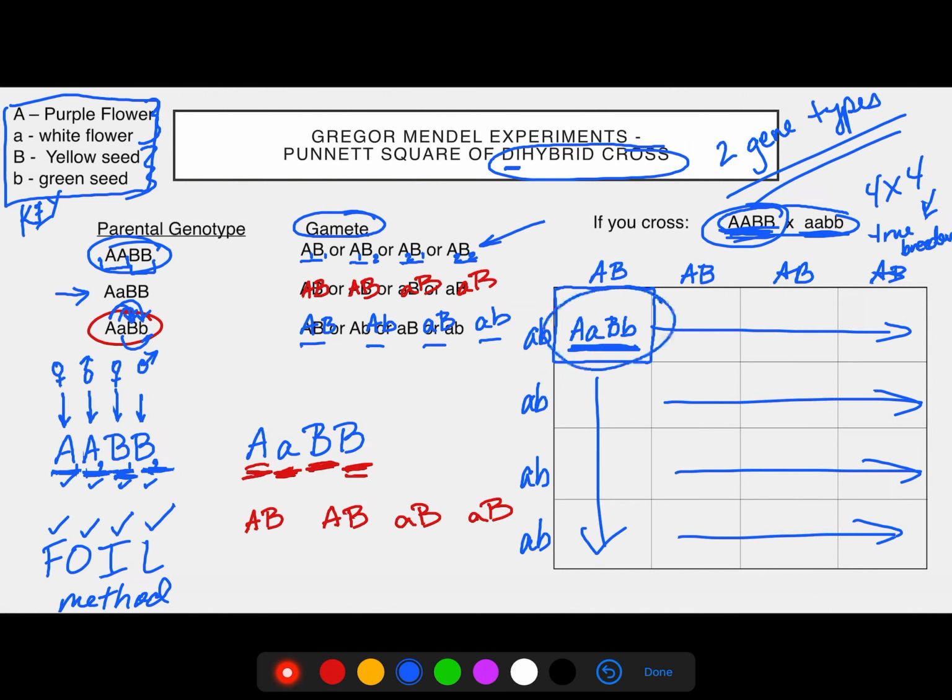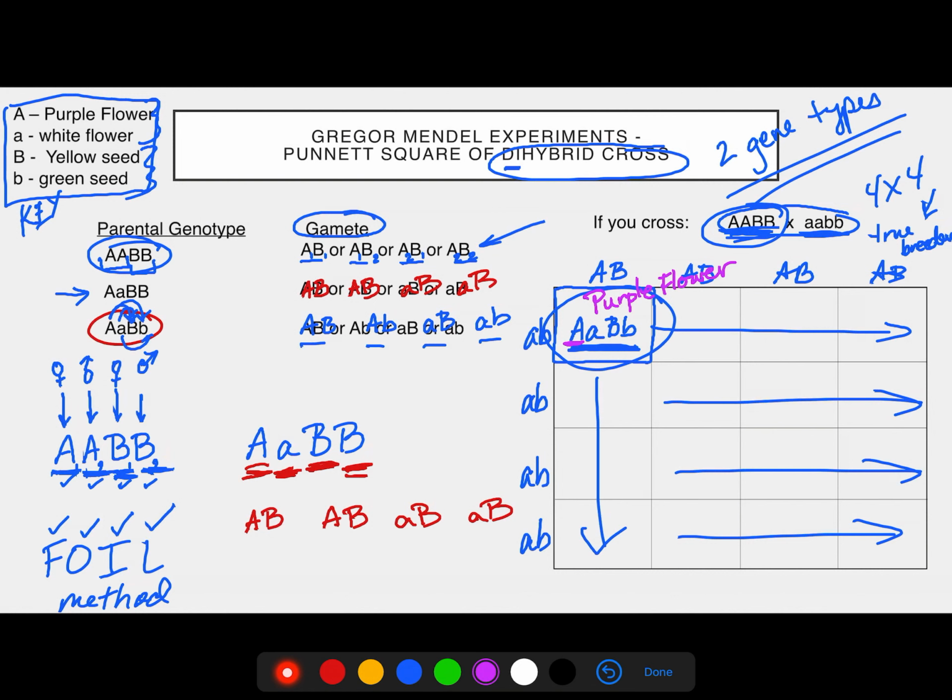This is the flower color and the seed color. And you can even figure out what color flower and what color seed this offspring will have. So it turns out that you will have purple flowers because you have a capital A. Even though there's a white allele there, there's a dominant allele there, so the white gets masked.